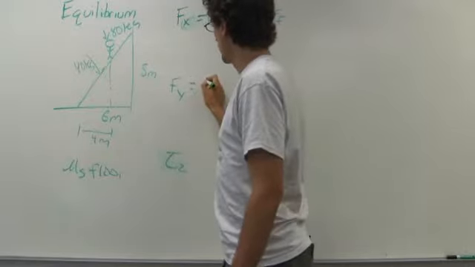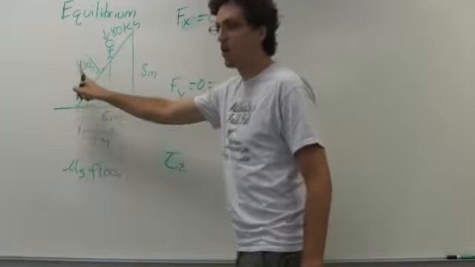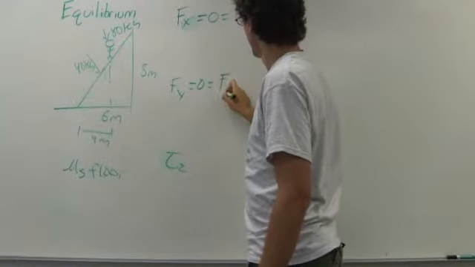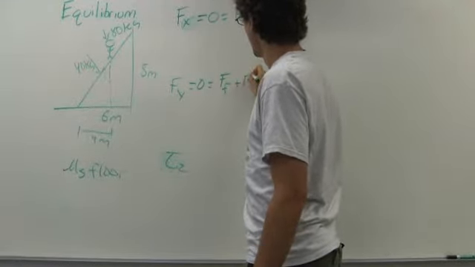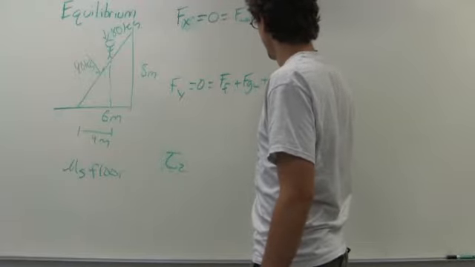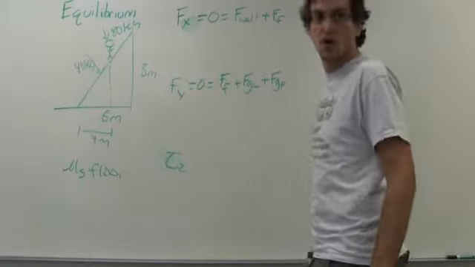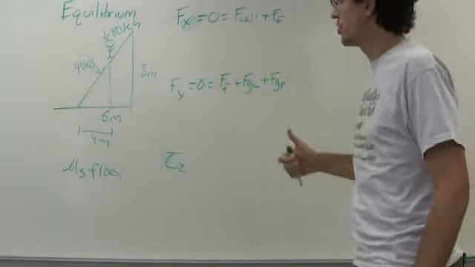In the y direction, we've got a little more going on. We've got the force of the floor upwards, the force of gravity of the ladder, and the force of gravity on the person. Again, there's nothing on the wall up and down because there's no friction on the wall.